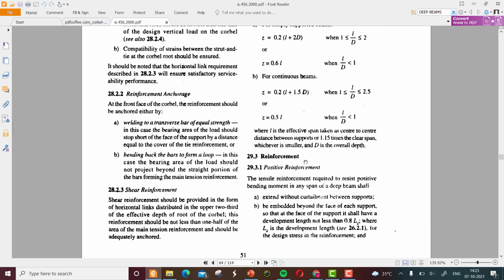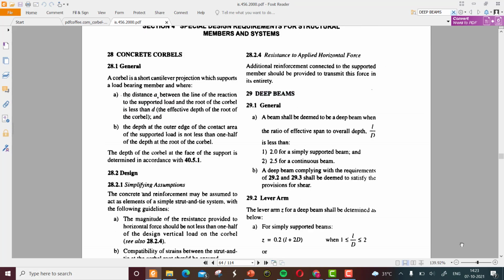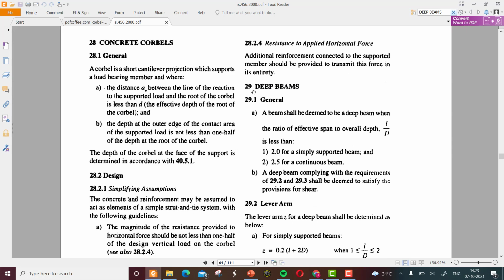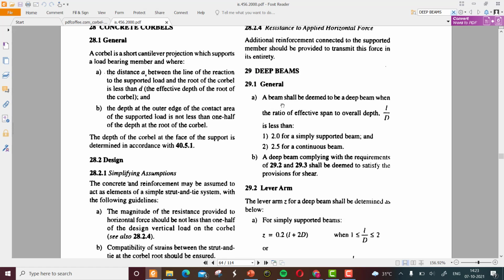In section 4, clause number 29, deep beam. By definition, a beam shall be deemed a deep beam when the ratio of effective span to the overall depth, L by D, is less than 2 for simply supported beam and 2.5 for continuous beam.